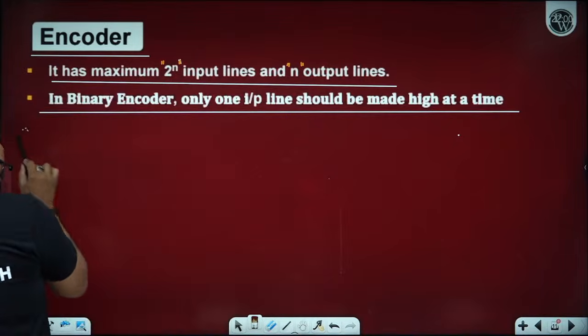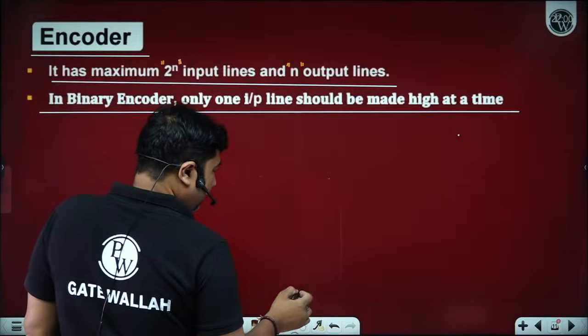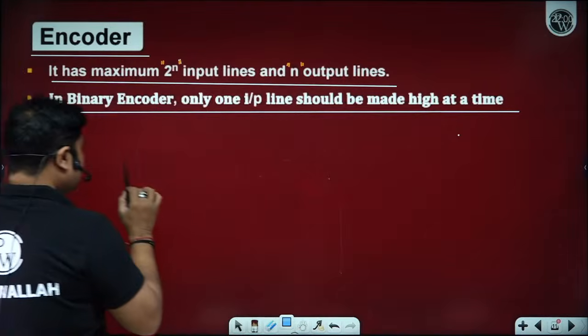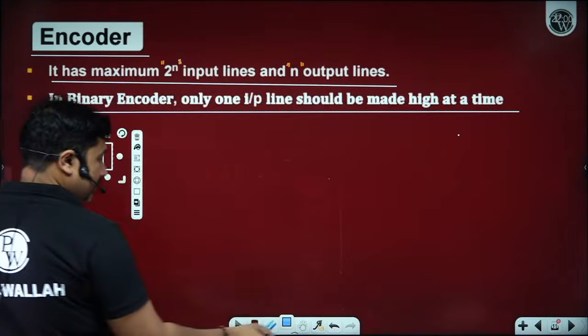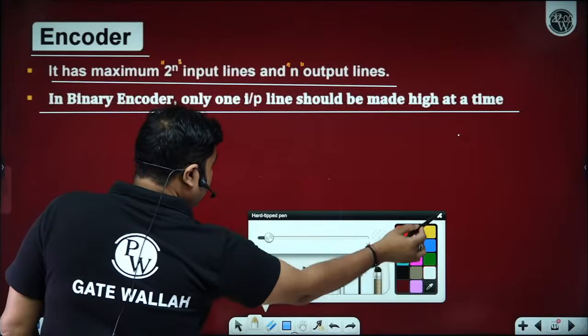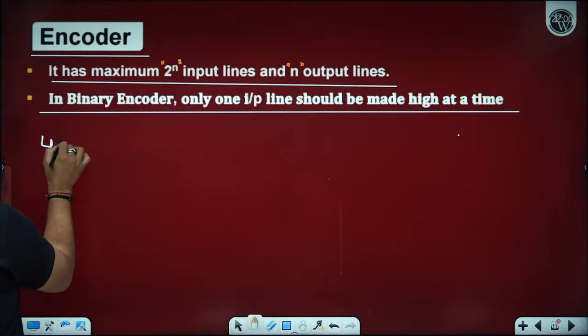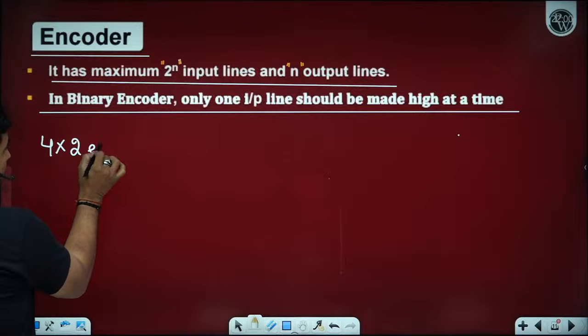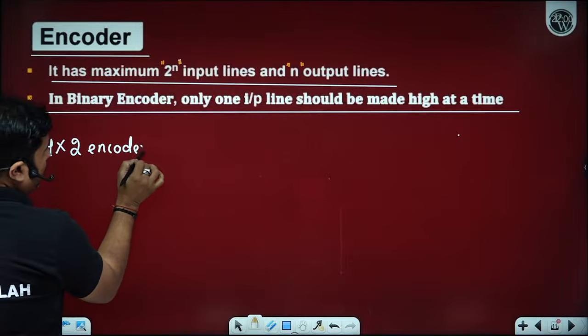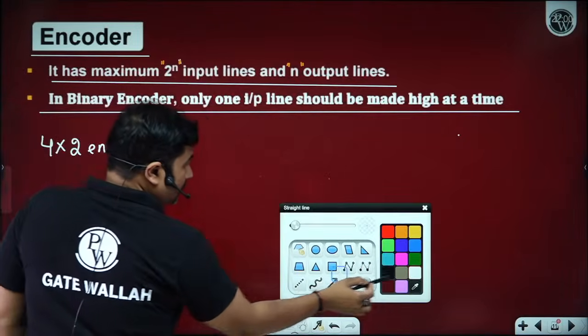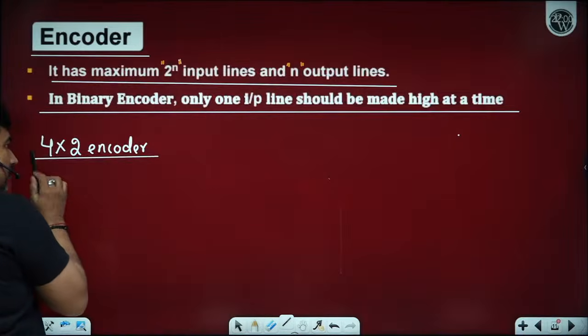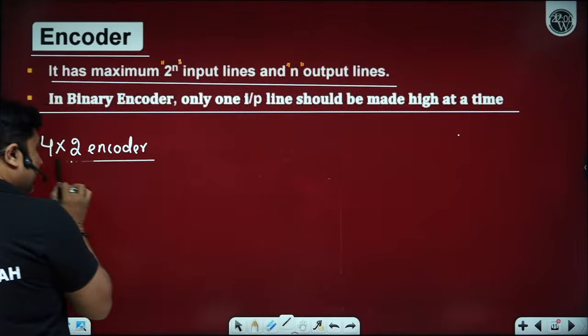Now please observe how an encoder will work. Let's start with a 4x2 encoder. How will a 4x2 encoder work?